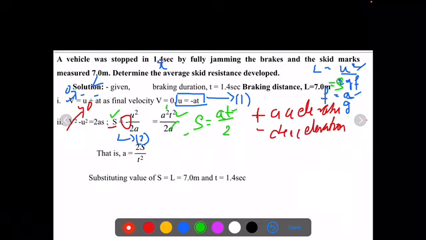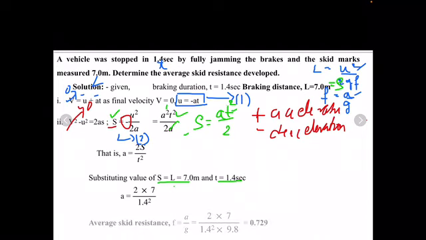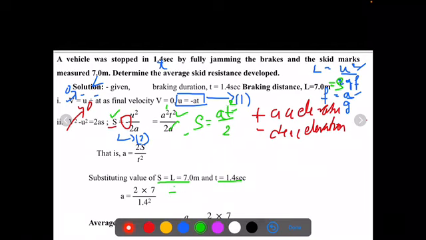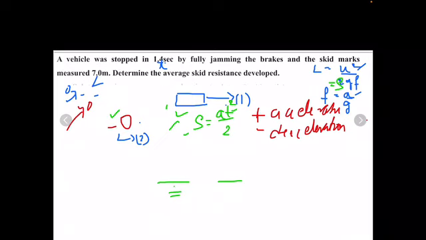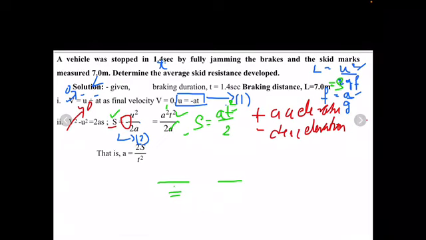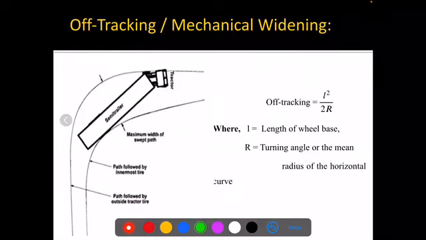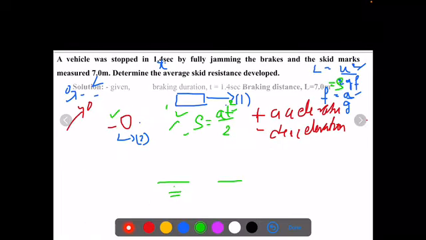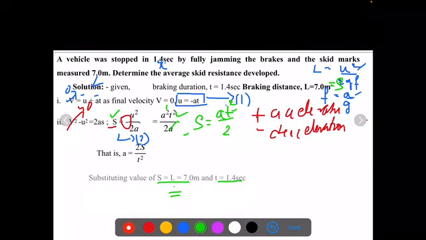So the acceleration of the vehicle is obtained by substituting s is equal to L is equal to 7 meters and t as 1.4 seconds. We get acceleration as 2 into 7 divided by 1.4 square. Then you can directly substitute in the relationship between the acceleration of the vehicle and the frictional force, which is f is equal to a by g.